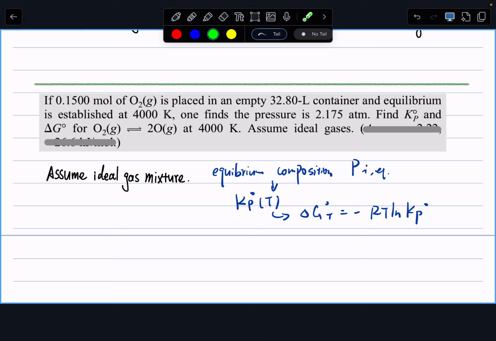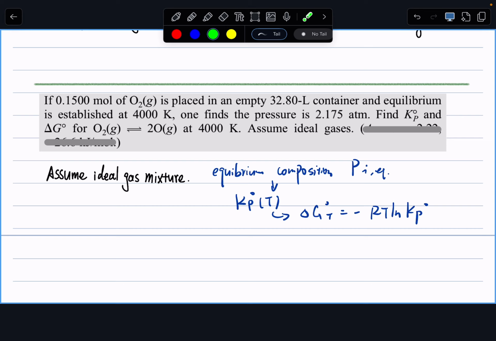And the mole fraction is something we solved, which is the number of mole of my oxygen, so that's 0.150 minus xi, over 0.2172, times the total pressure at equilibrium. So that's times 2.204 bar.